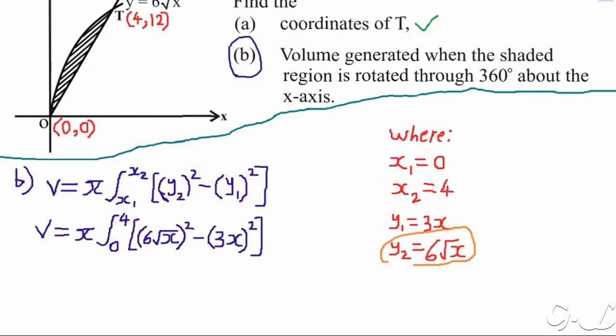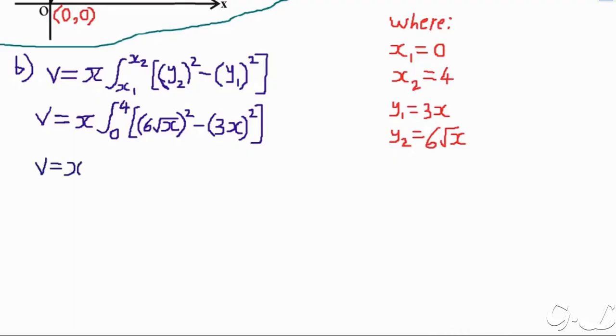Now let's get into the calculations. Don't forget the pi, so it should be like that: pi, with the limits of 0 to 4.